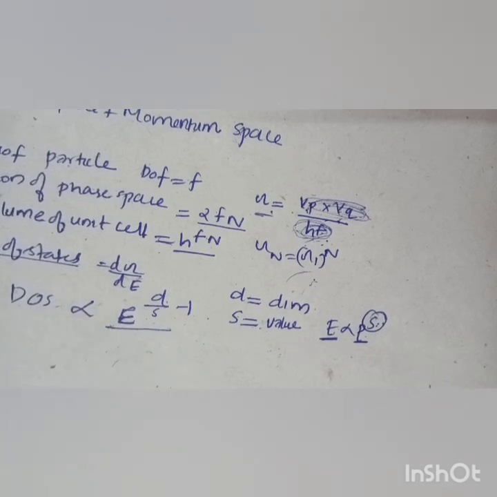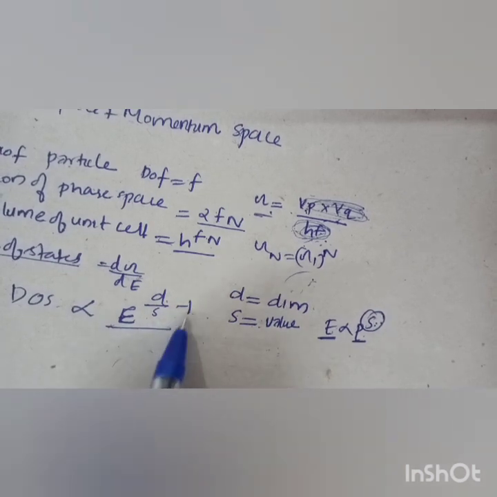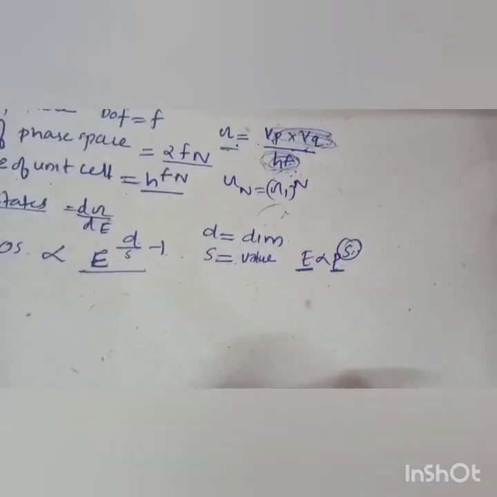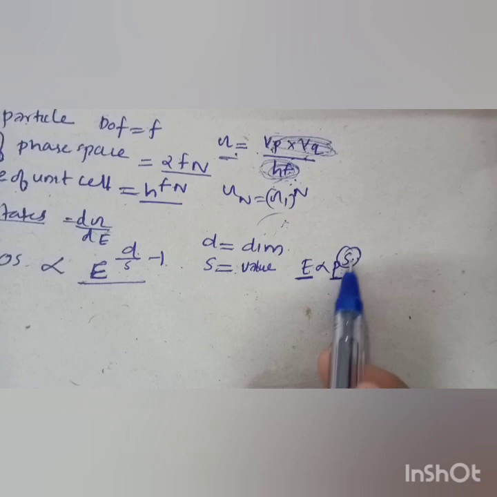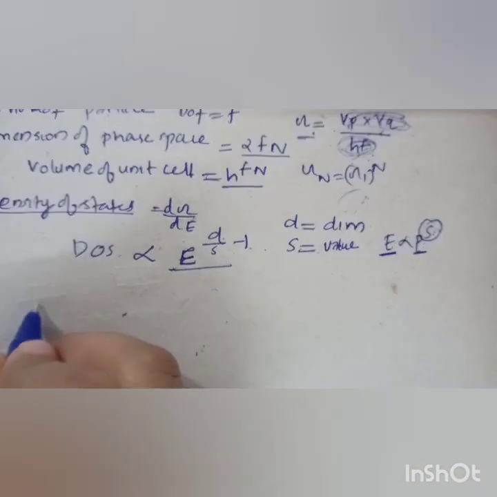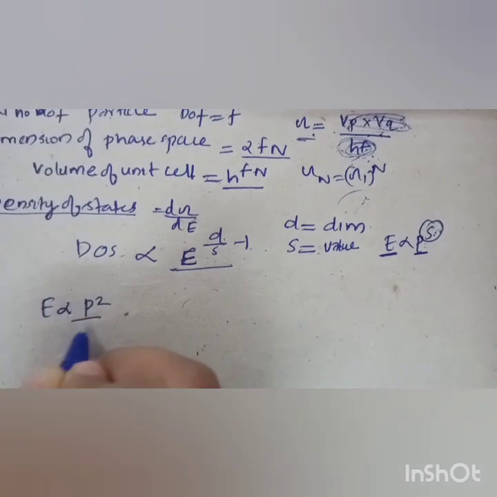So there is a question: is the density of states directly proportional to E or 1 by E? So we have to find the relation. For that we use this E power d by s minus 1, where d is the dimension and s is the value for which E is directly proportional to P power s. We know that in the non-relativistic case E is directly proportional to P square by 2m.